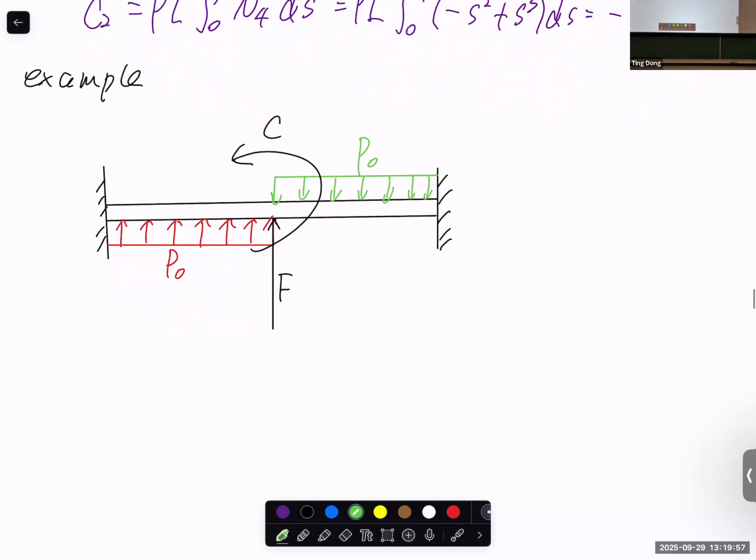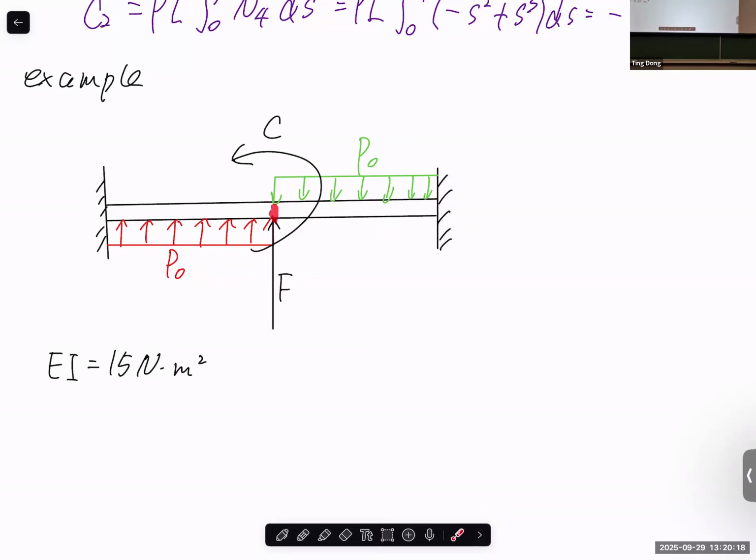Boundary condition, loading condition, material property. Young's modulus times the moment of inertia, EI, is given here directly, in Newton meter squared. And the length of each beam. Of course, since there's a concentrated force and a couple applied here, you definitely set this one as a node.